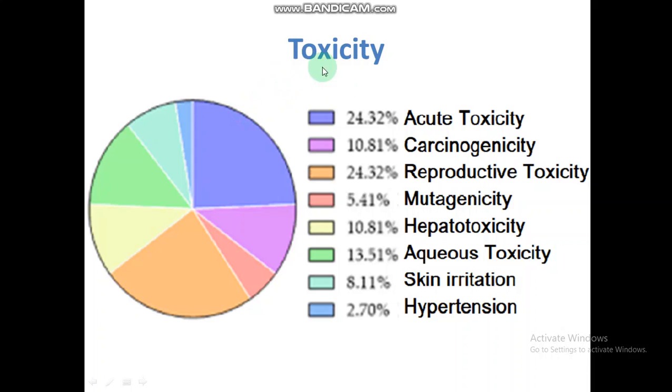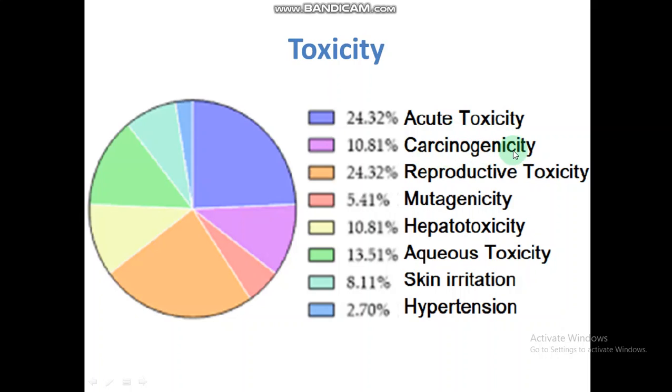Now we look at toxicity, so that we know whether the medicine that we administered has a toxic effect on our body or not. The first thing we observe about the medicine is acute toxicity. Acute toxicity matters 24.32% for our medicines. So we have to check whether it is acutely toxic or not.